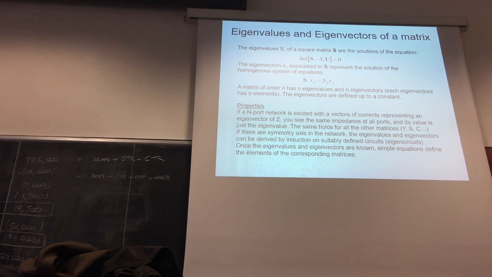So once I have evaluated, for this matrix of which I know the values of S, the eigenvalues and the eigenvectors, I can use these eigenvectors as exciting waves, exciting voltages, or exciting currents, depending on the type of matrix I am considering. Okay? Then what happens?